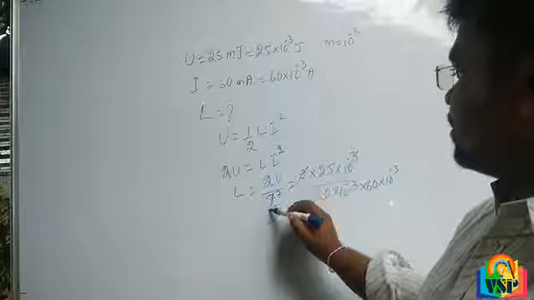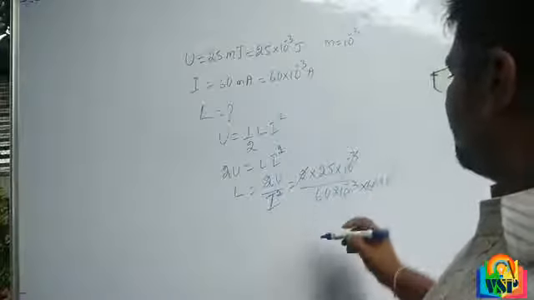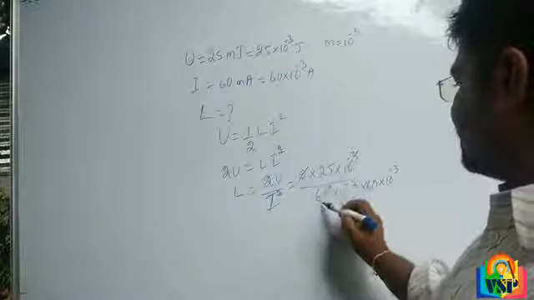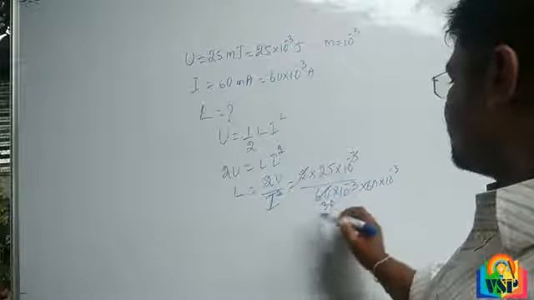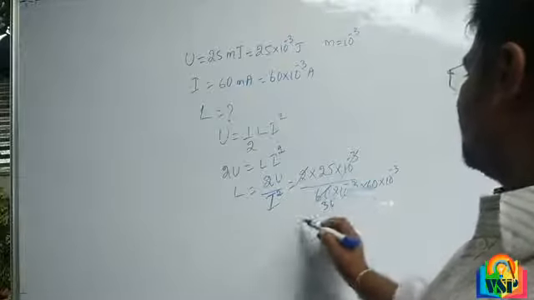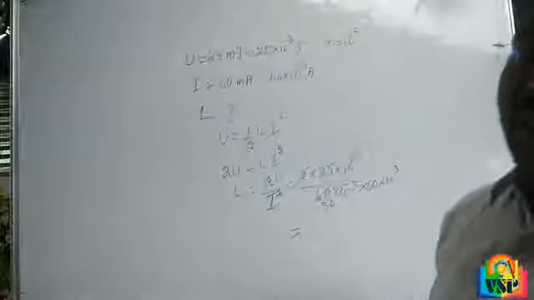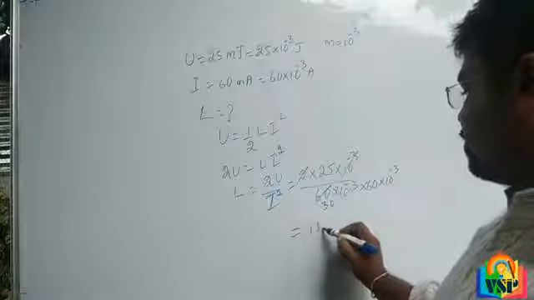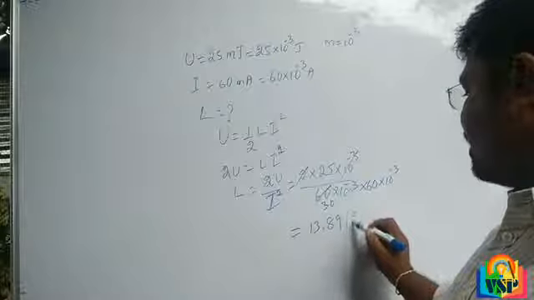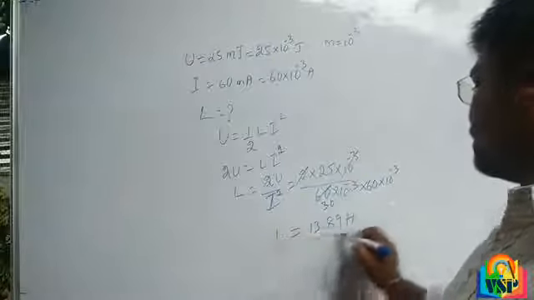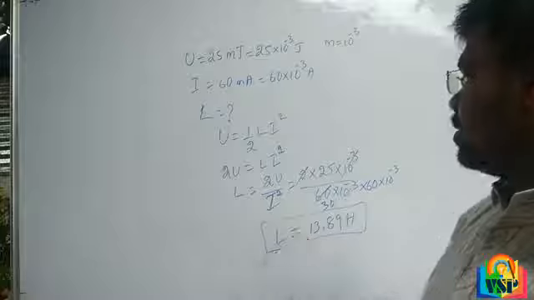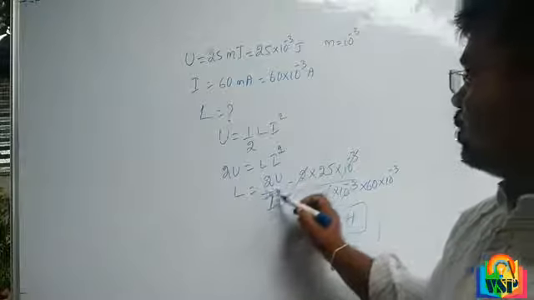By cancellation we can get 13.89 Henry. L is equal to 2U by I square.